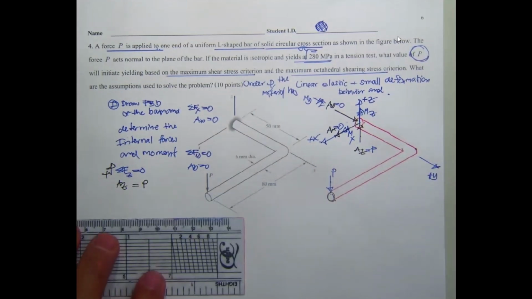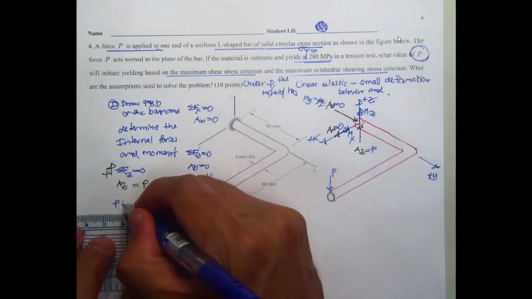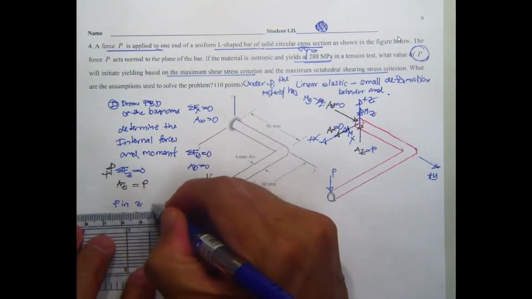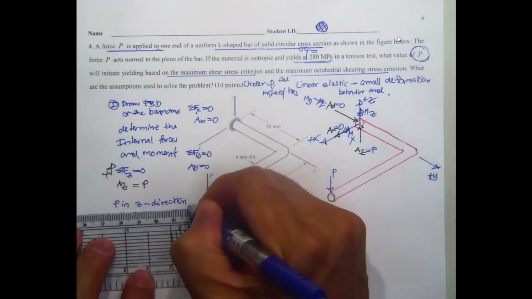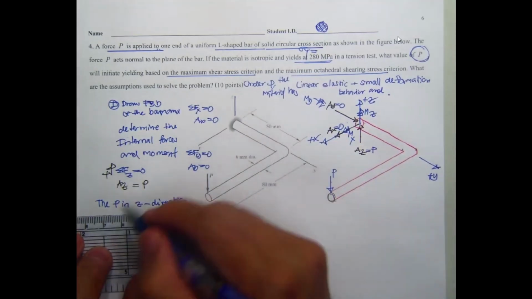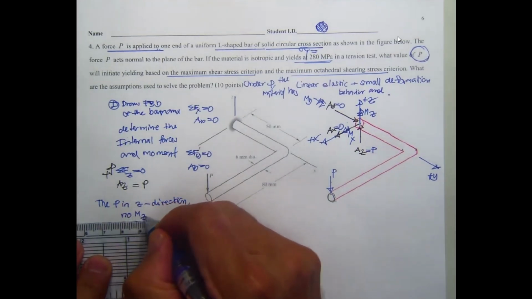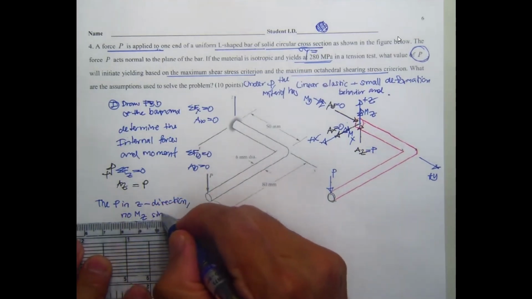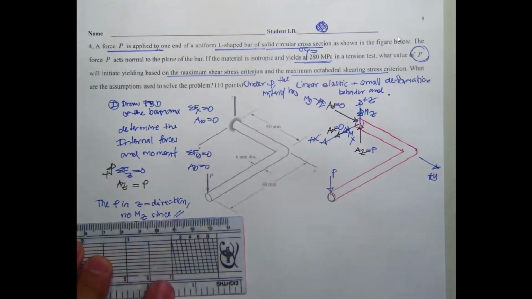How about the moment? Okay, we have P in the C direction. Actually, this is important. The P is in the C direction. So no M sub C, since they are parallel.